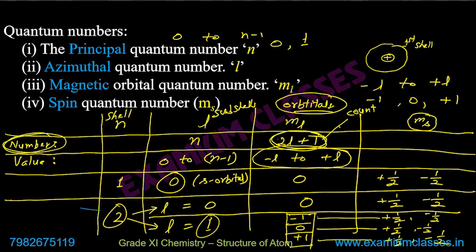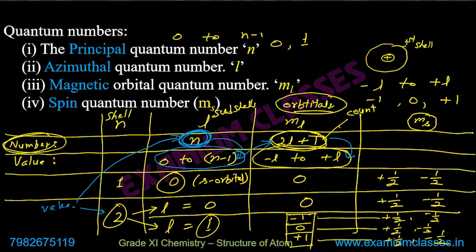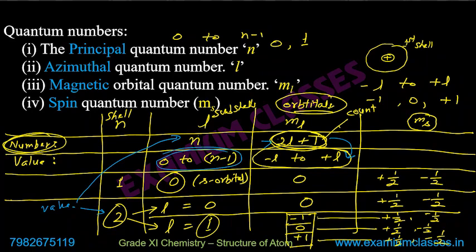Here, this is the value 2. You use this value to get the count and from the count, the values. Try to understand what I am saying. If n equals 2, first you got the count of subshells. From those counts, you got the values of those subshells, from 0 to n minus 1.